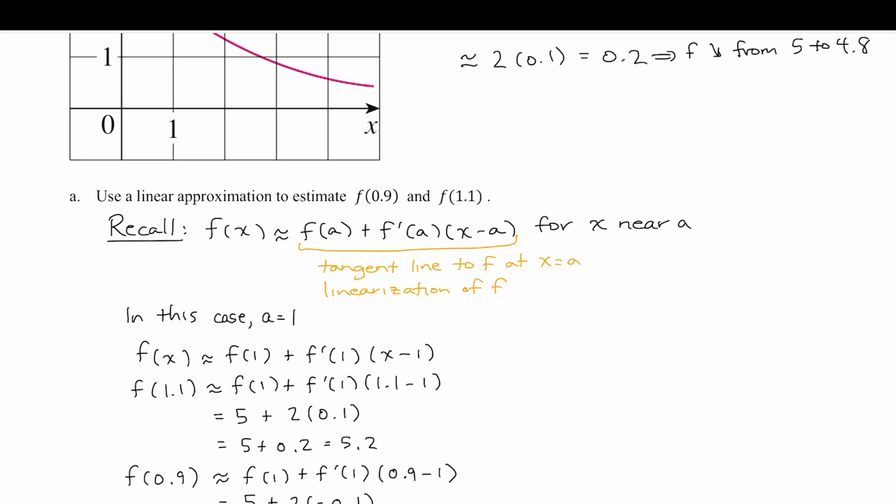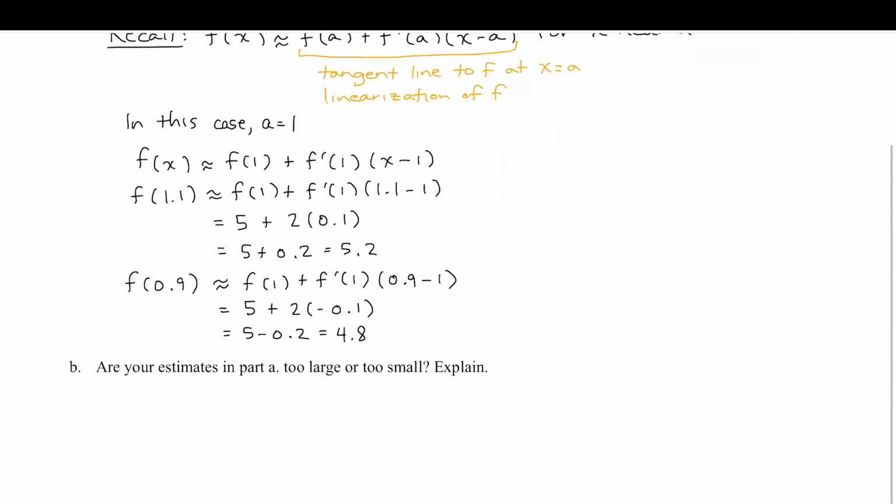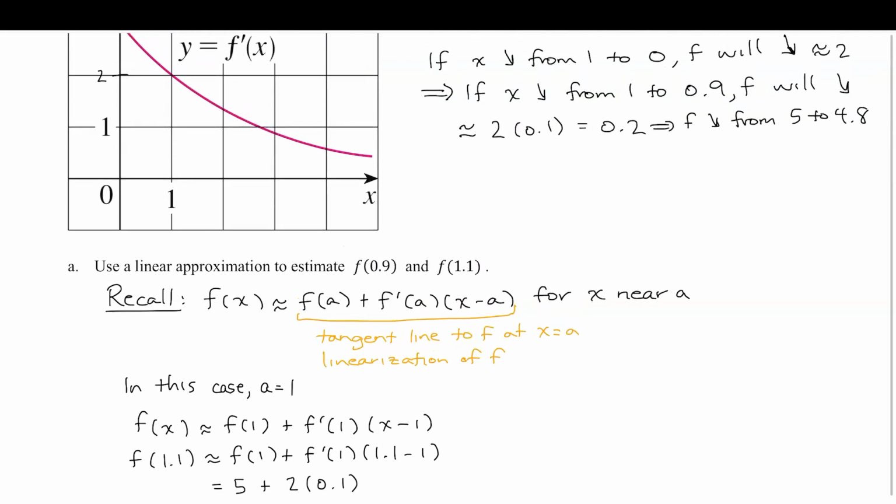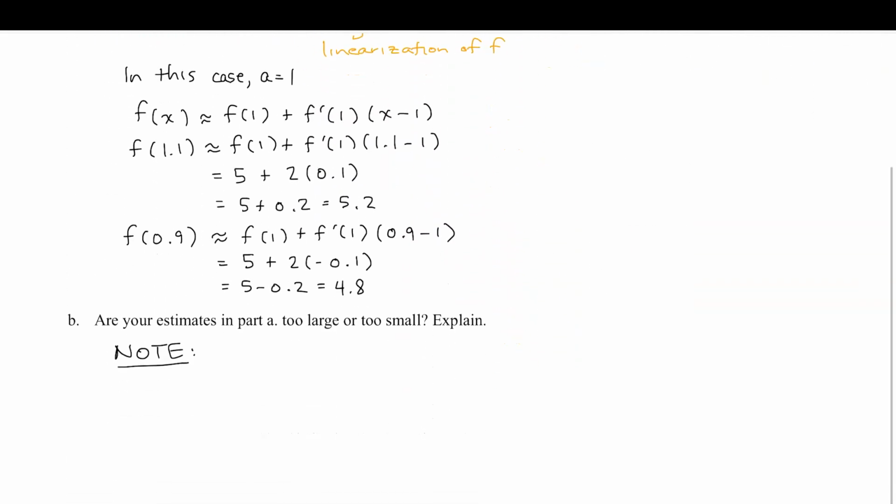So we've got 5 plus 2 times negative a tenth, or 5 minus 0.2, or 4.8. So that matches what we got up above. Again, instead of running along the function f, we're running along its tangent line to estimate function values.